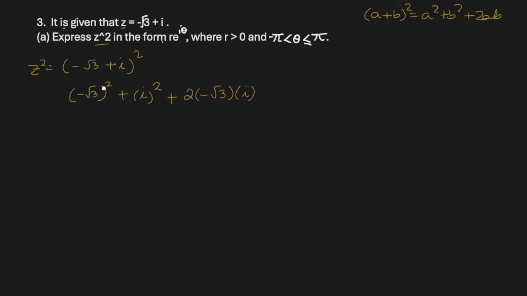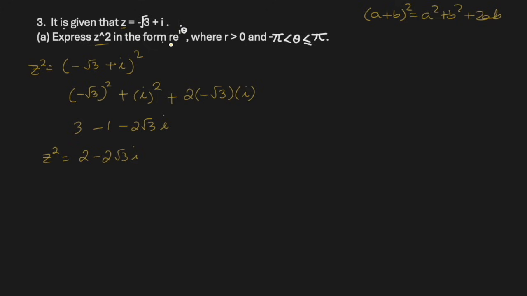So what is minus square root 3 square? Minus squared becomes positive, and square root 3 square is completely 3. i square is minus 1. 2 times square root 3 is minus 2 square root 3 i. So 3 minus 1 is 2, minus 2 square root 3 i. This is z square.